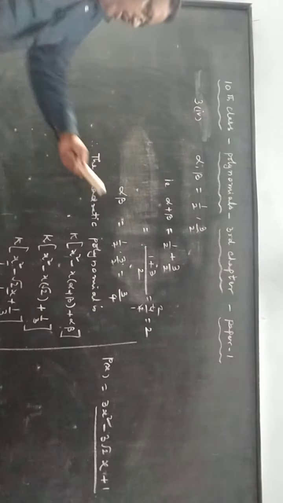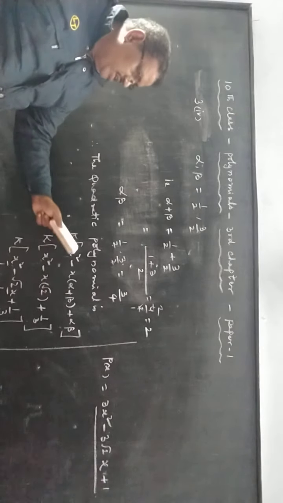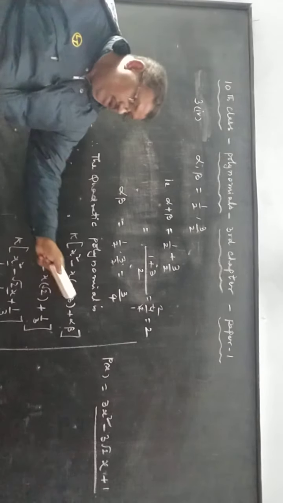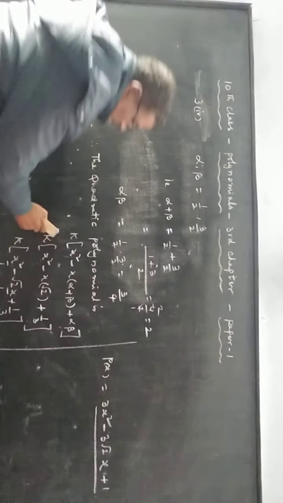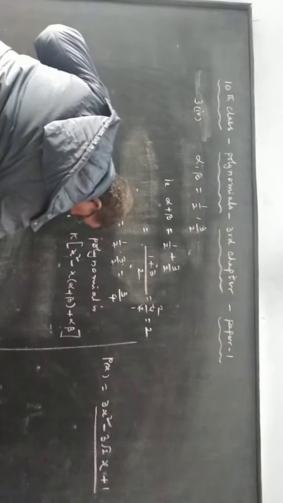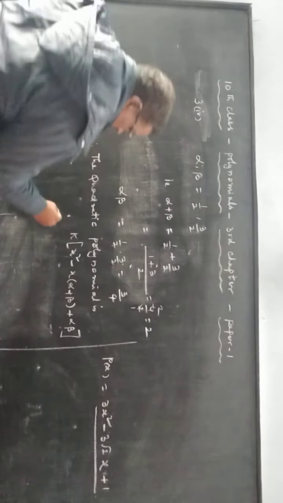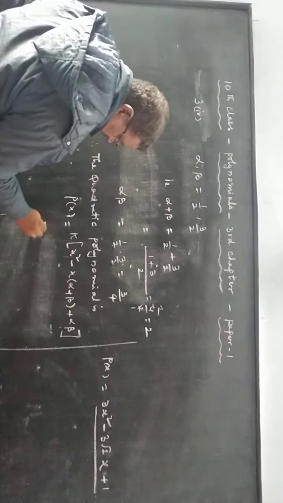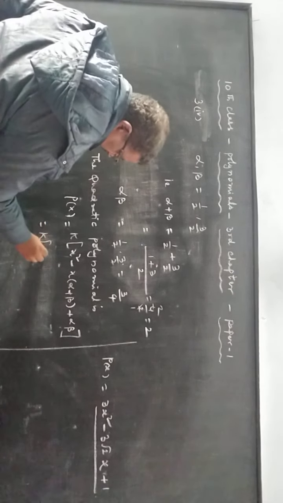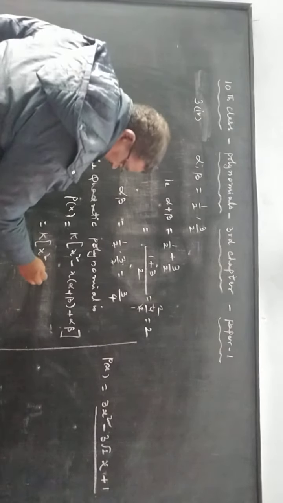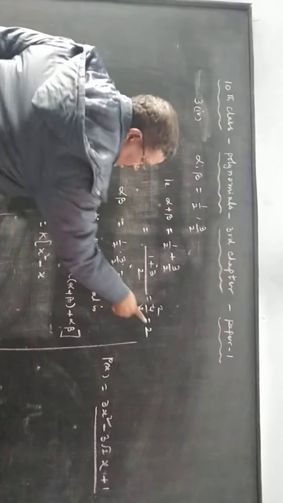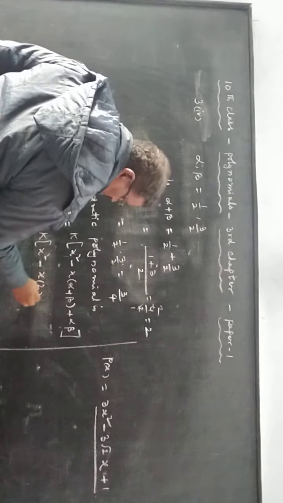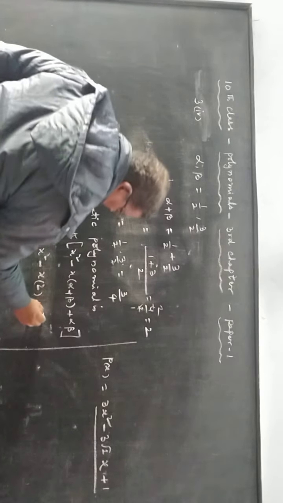At that time the quadratic polynomial is same formula, k into x square minus x into alpha plus beta plus alpha beta. So now we have to write the values. P of x is equal to k into x square minus x into alpha plus beta value. How much came for you? 2. Alpha beta value 3 by 4.